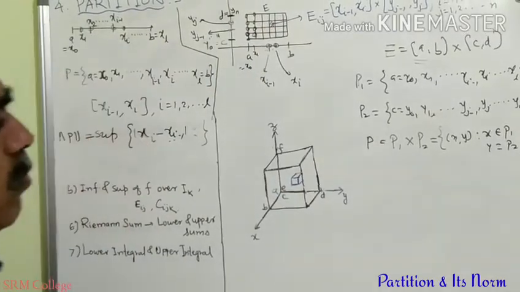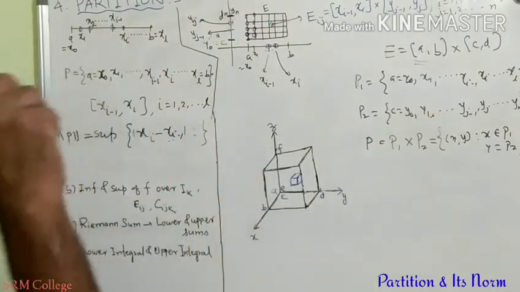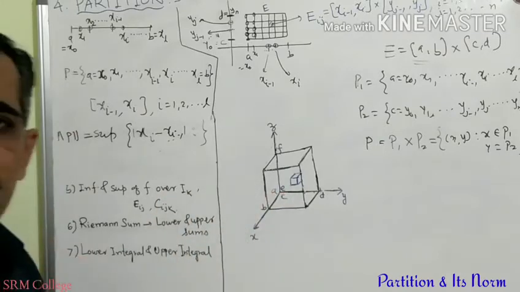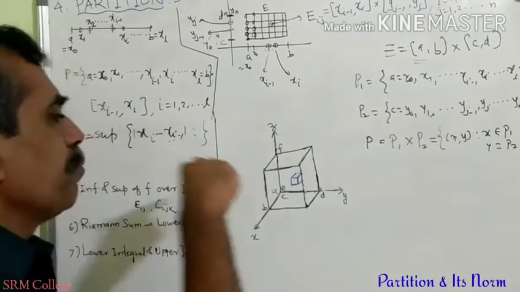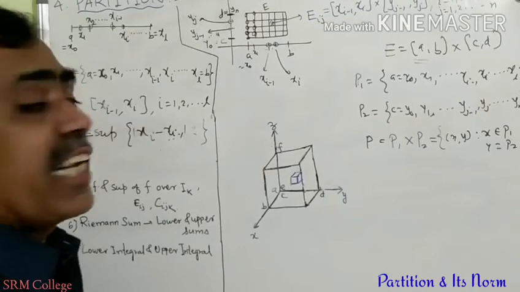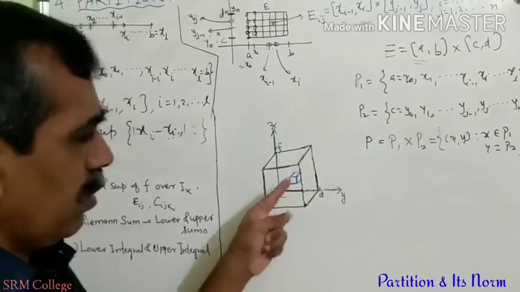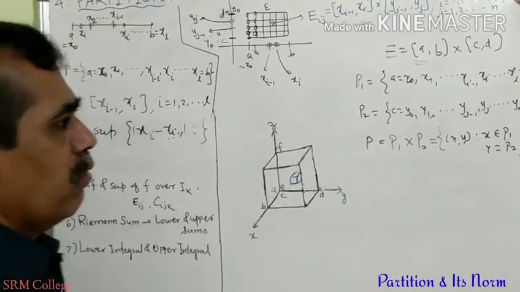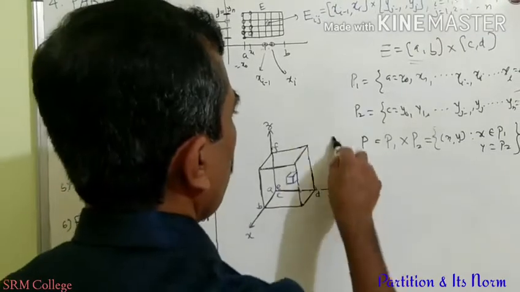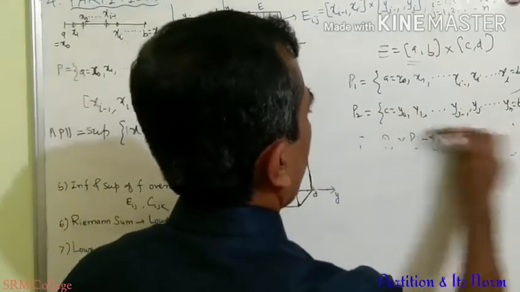Now we will go to a closed interval in R3, which is also called a cuboid or rectangular box in R3. How do we define a cuboid in R3?